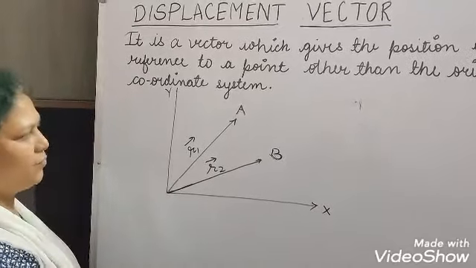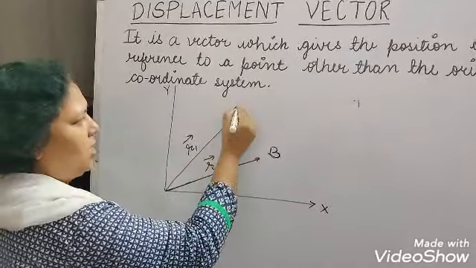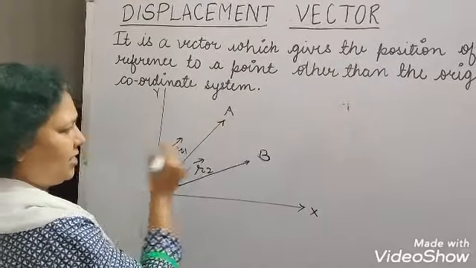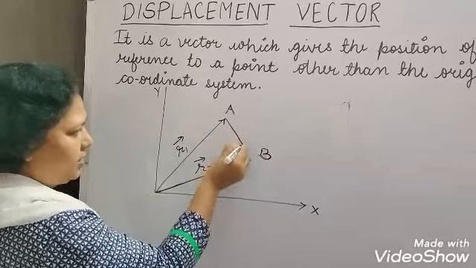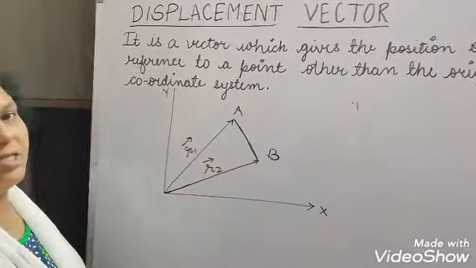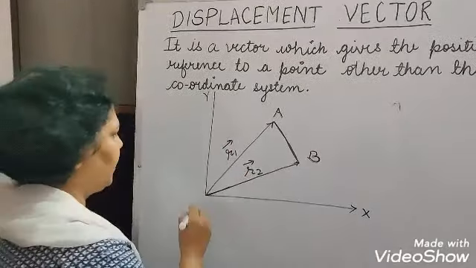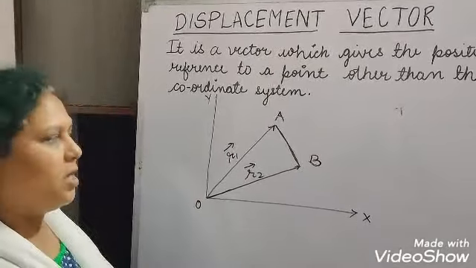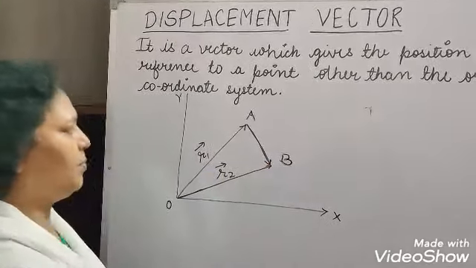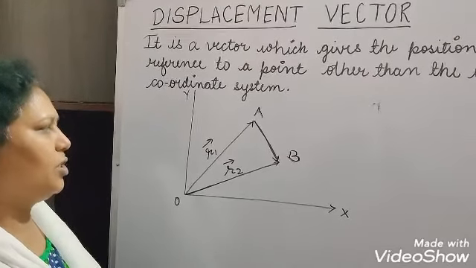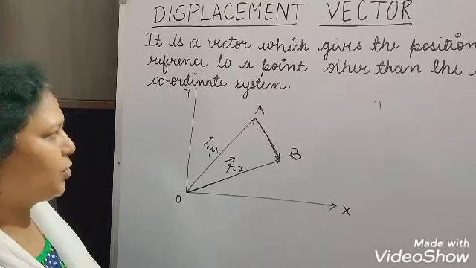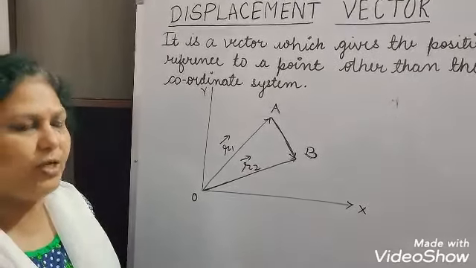Now we have to find out the position of B with respect to A. So in such a situation, we'll make the triangle, that means the third side of the triangle. This is the origin here. Okay, so this line AB is representing the position of B with respect to A. So this is called the displacement vector.